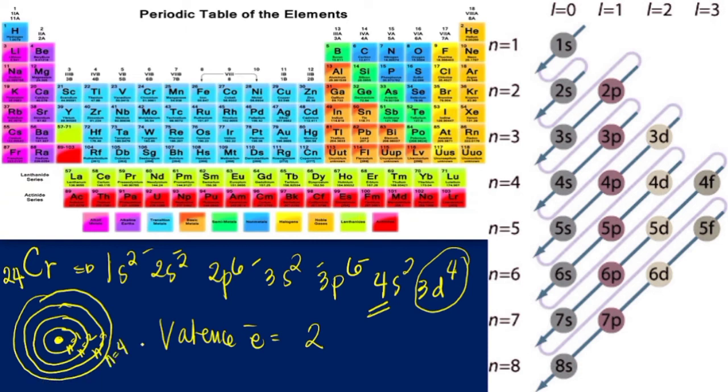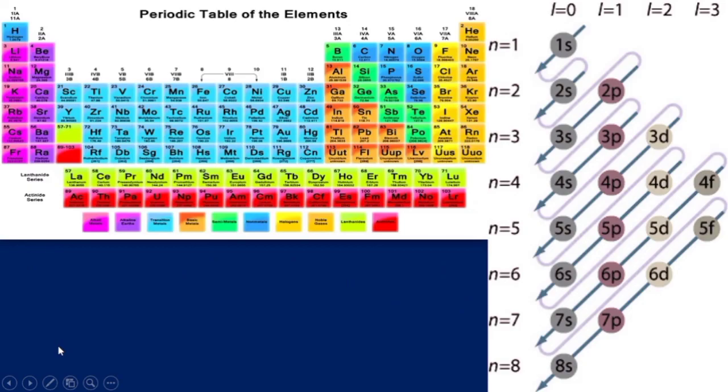Still, the fourth energy level is the place where valence electron is found. Okay, I hope you know already how to get the valence electron.